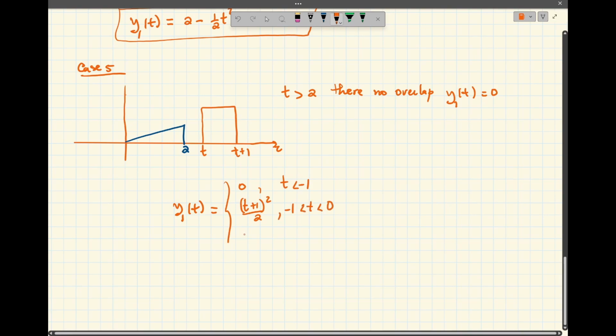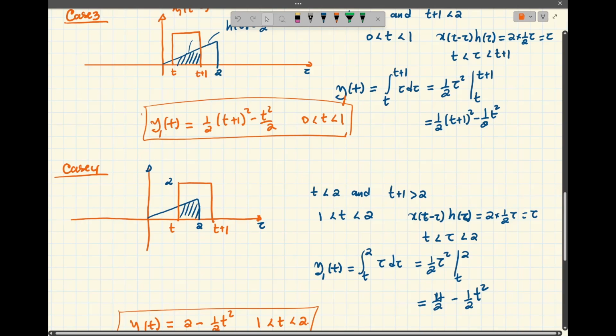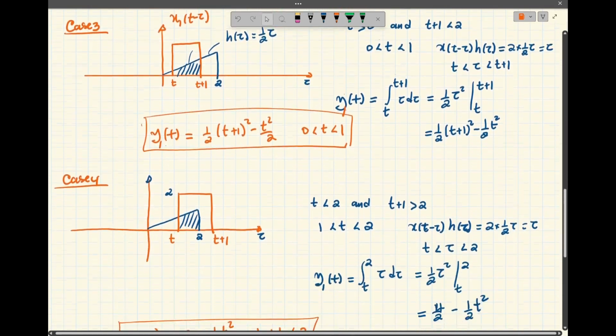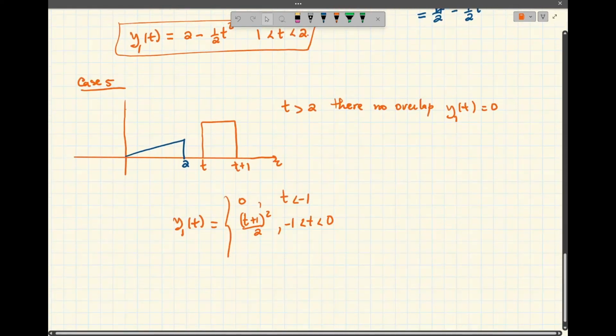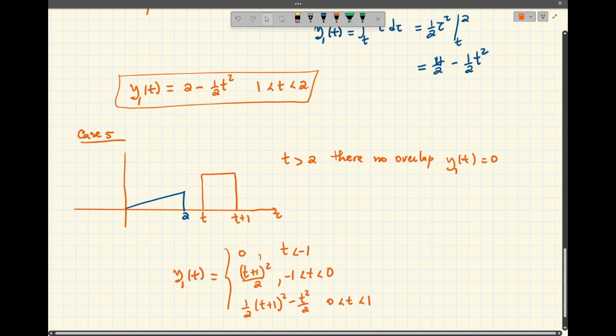Then we have 1/2 (t plus 1) square minus t square over 2 when 0 is less than t less than 1.